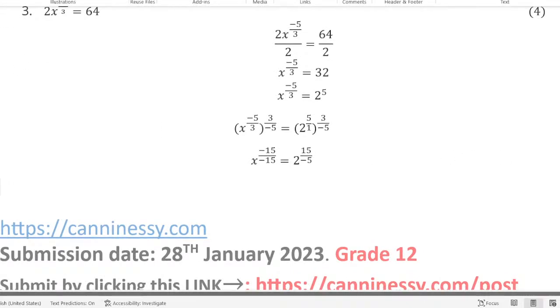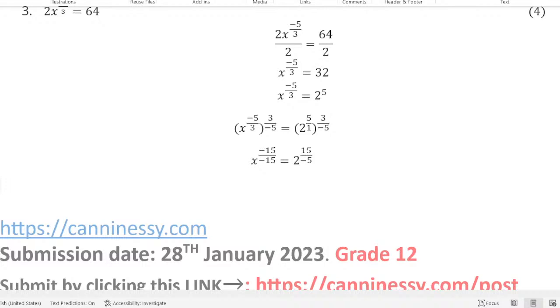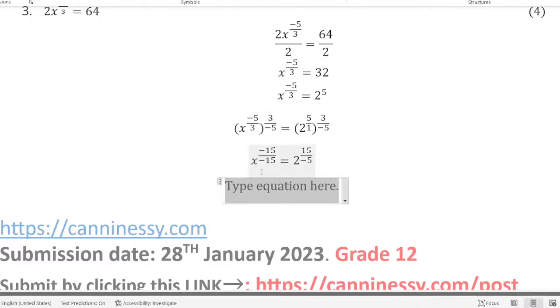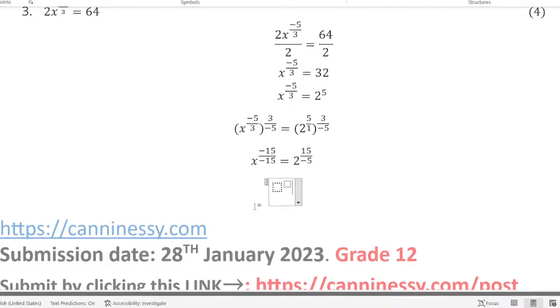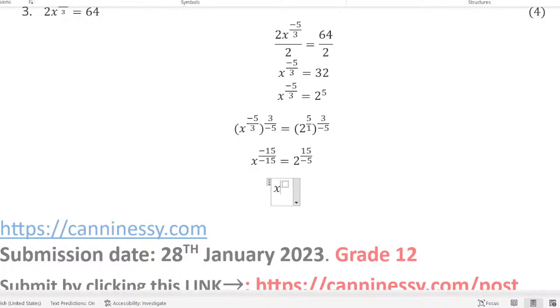So then here we say we have x to the power negative 5. Negative 15 divided by negative 15 is going to be a positive 1, right?